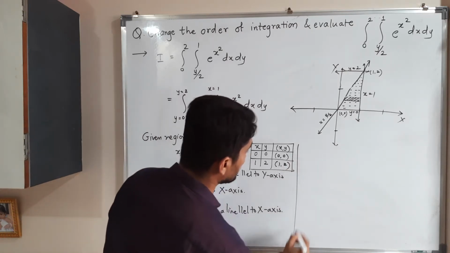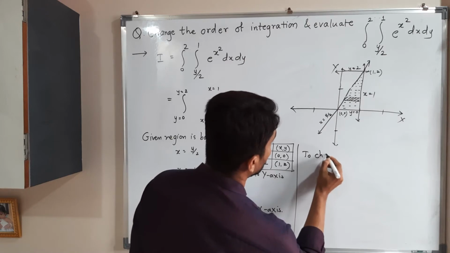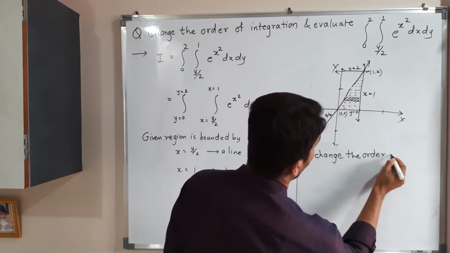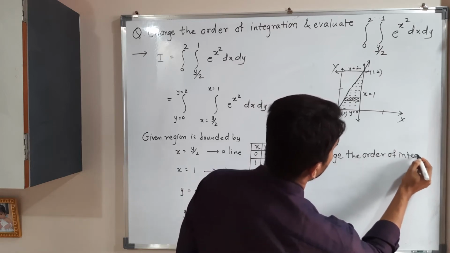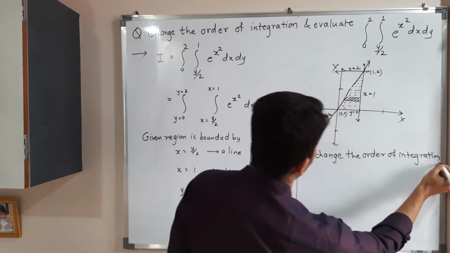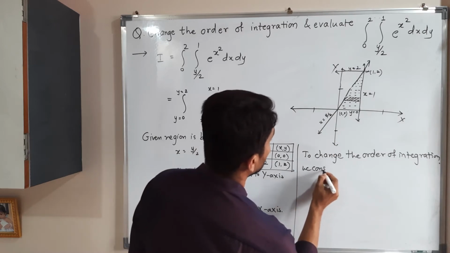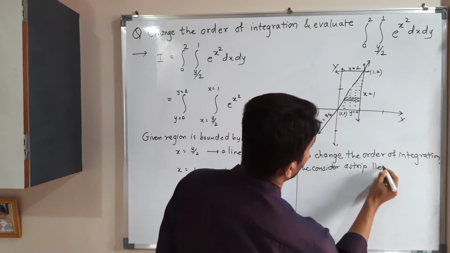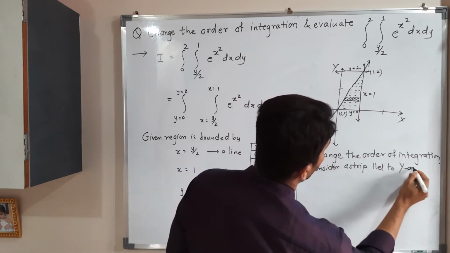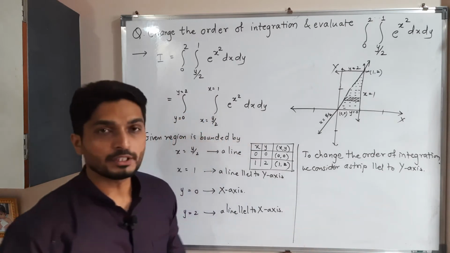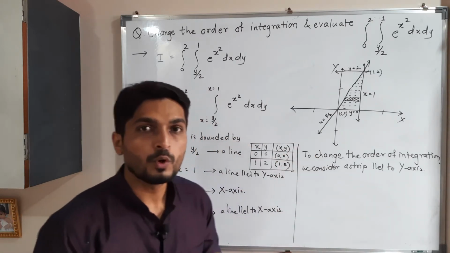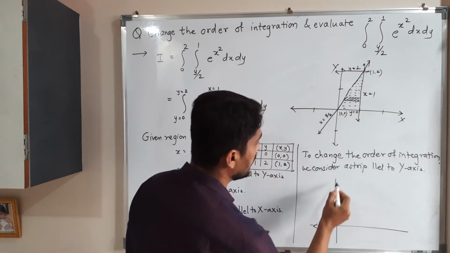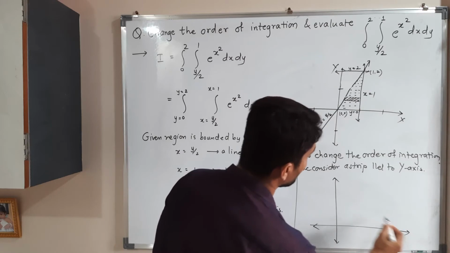I will mention clearly here: to change the order of integration, we consider a strip parallel to the y-axis. I will draw the same diagram here, in which I will consider a strip parallel to the y-axis.